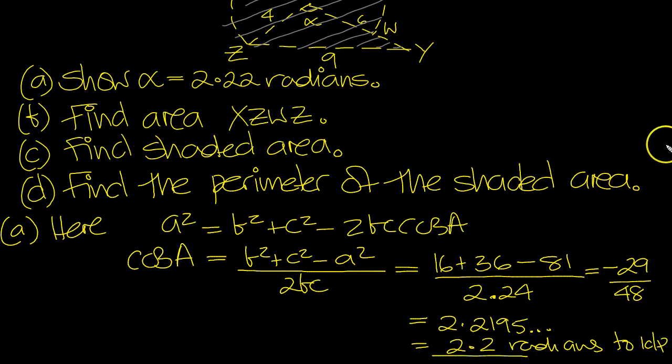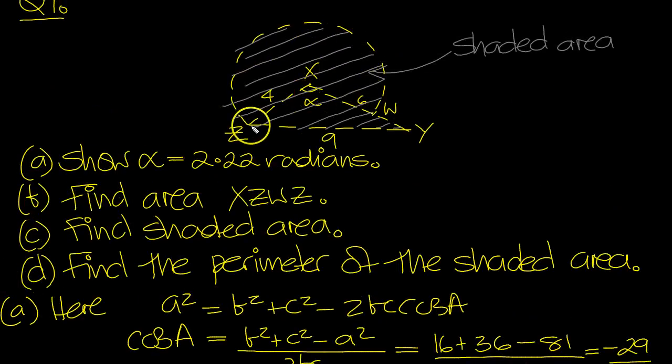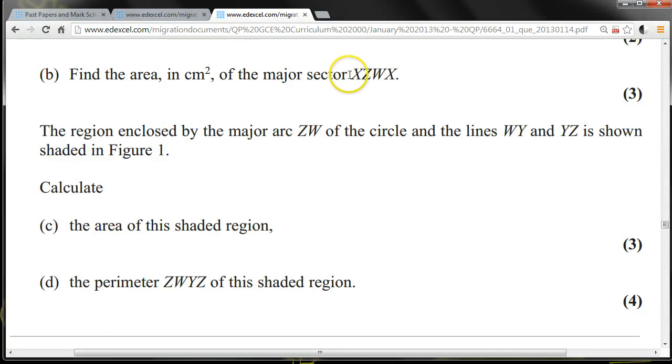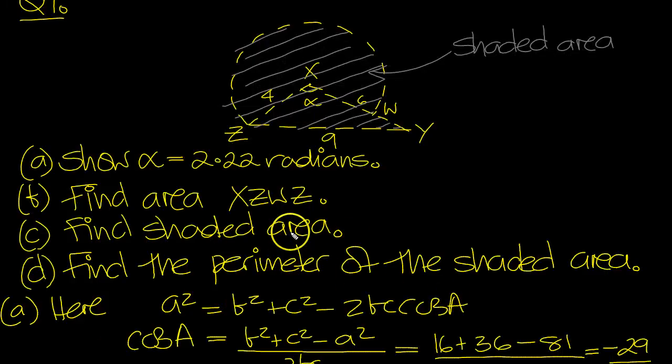Find the area XZWX. Let's go back to the question and have a quick look. So we need to find the area XZWX, this area here. There's the angle it subtends.